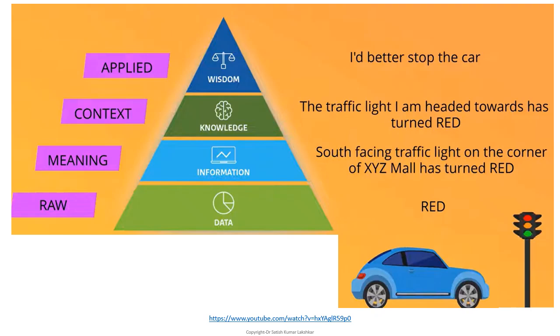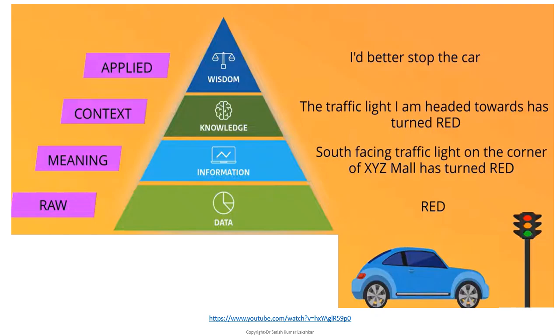It means I am getting something meaningful. Now, how will we get knowledge out of this information? If I am able to see that the traffic light I am headed towards has turned red, it means that light is conveying some knowledge to me.